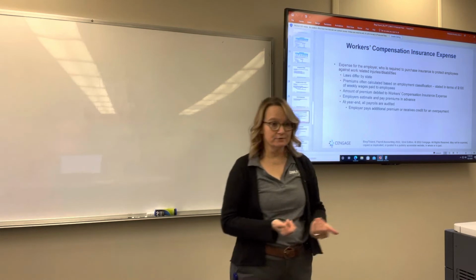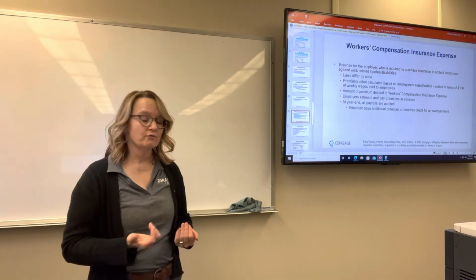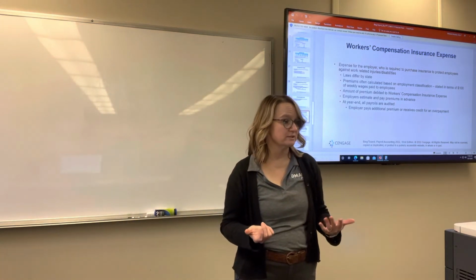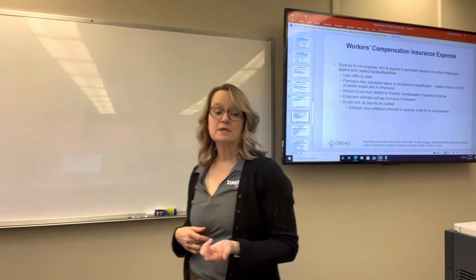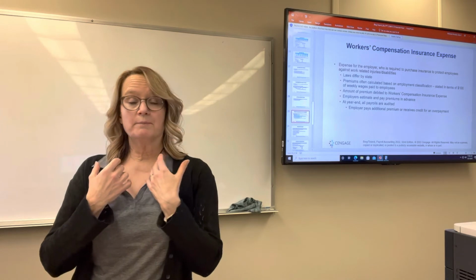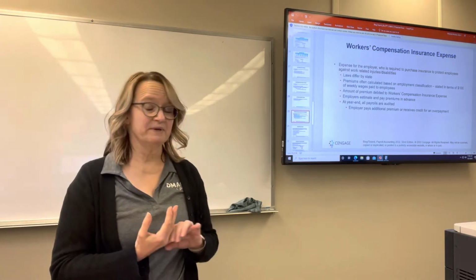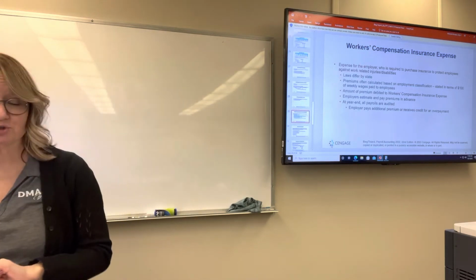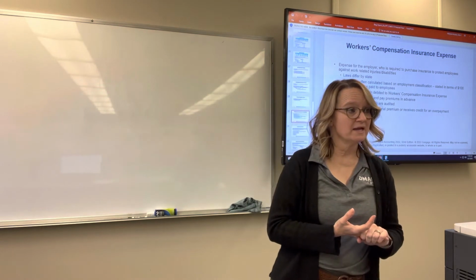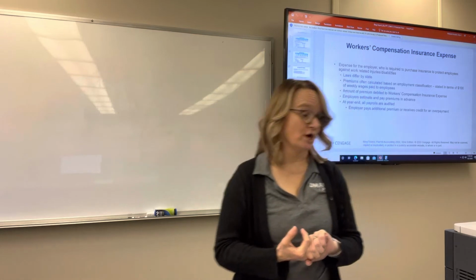Just like any other insurance, the premiums are going to be higher for companies that have a higher utilization of the insurance. Workers' compensation insurance is in place to pay employees who get injured on the job, who maybe become sick from chemical exposure or some sort of illness on the job, or to also pay death benefits if an employee is killed while on the job.